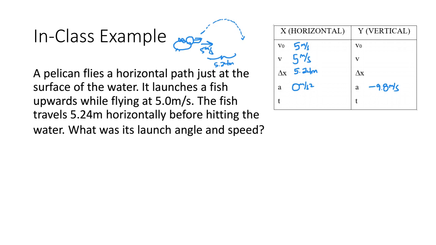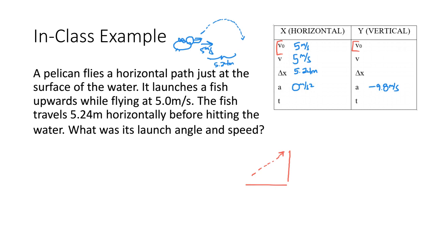We are looking for the launch angle and speed. That means that we are looking to find the triangle made up of the two initial velocities, horizontal and vertical, creating a total initial velocity.